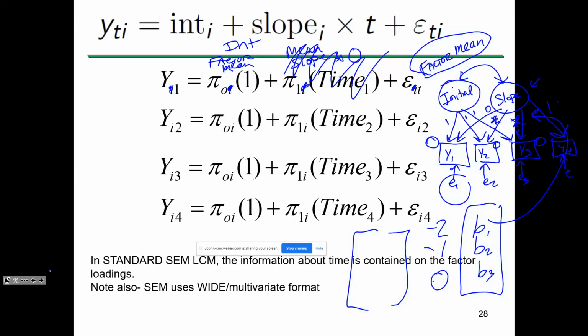If it were going to fit a linear model, what should these factor loadings be? If you collected things at equidistant measures across time, it goes 0, something, something, 1.